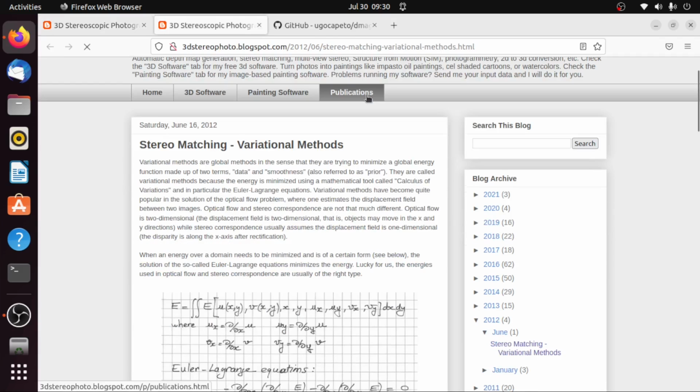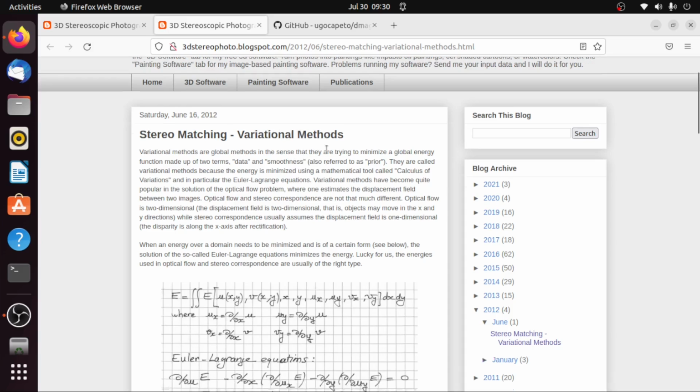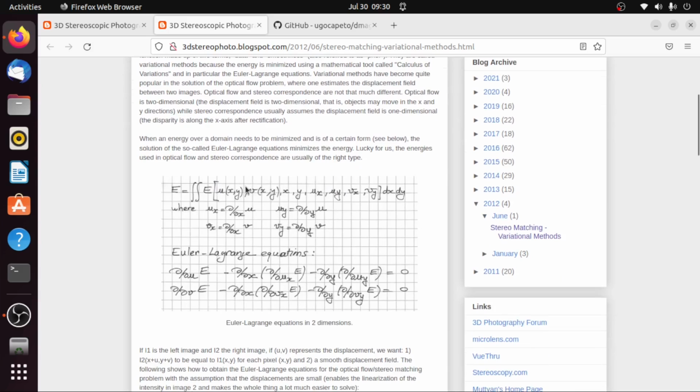Okay, so here I explain variational methods, and I show basically it's an energy, so it's a sum over all the pixels. Okay, so the energy is dependent on U, V, which is the displacement.